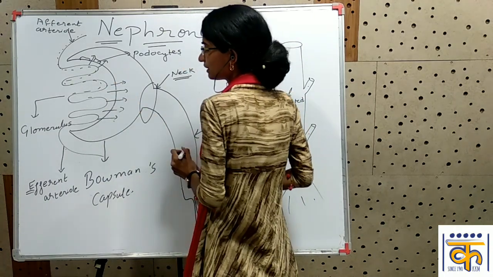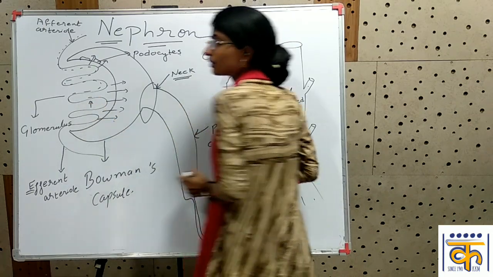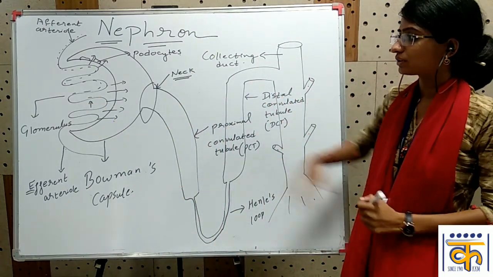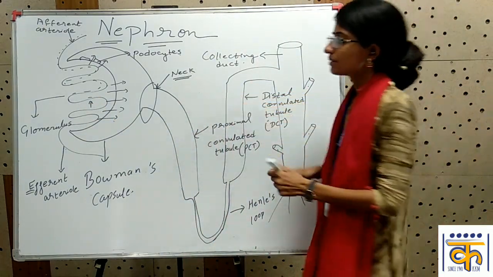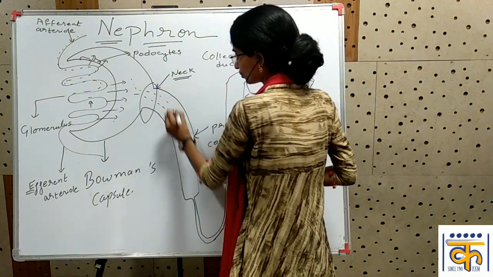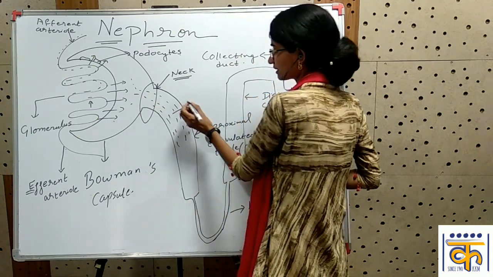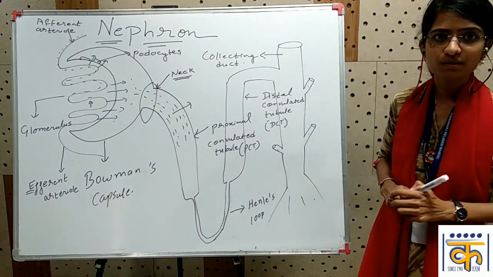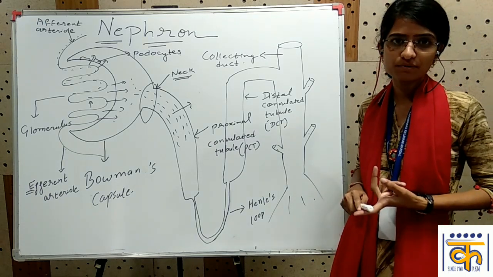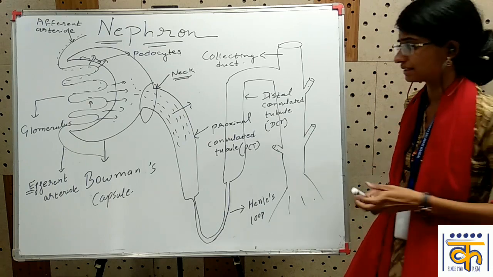Now, when the blood filters out, there is only high molecular weight protein left on the other side. Rest all is passed on into the Bowman's capsule and forwarded to the tubule. So now our filtrate contains everything which is present in the blood except the large molecules of protein as well as a few blood cells.